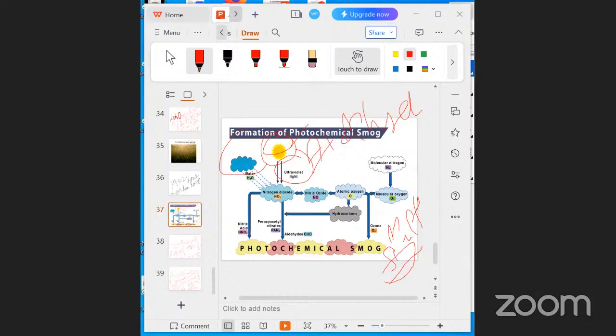Now, how to prevent or reduce this photochemical smog? Photochemical smog is related to severe consequences in urban areas where automobile pollution is very high.